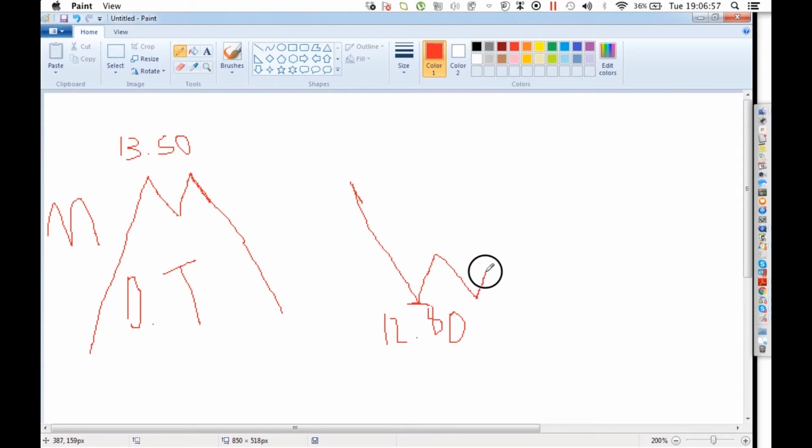And what do markets do? Go the other way. And this is what we call the double bottom. It pretty much looks like a W formation. So some people call them M's and W's, but the technical names for them are double tops and double bottoms.